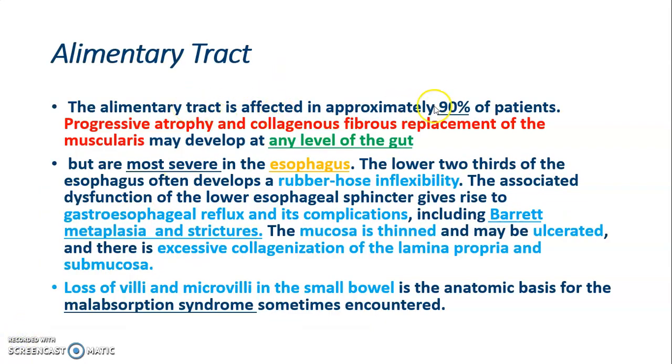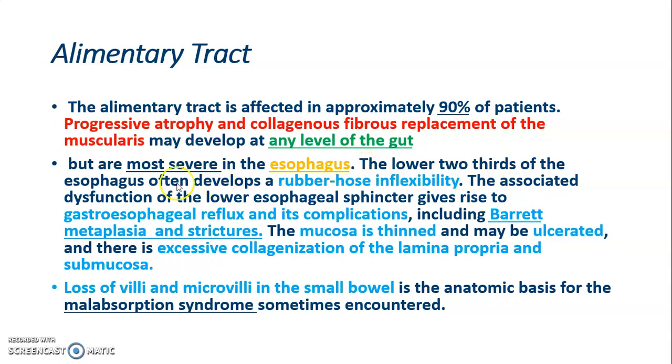The alimentary tract is affected in 90% of the patients. There is progressive atrophy and collagenous fibrous replacement of the muscularis, so muscle is replaced by collagenous fibrous tissue. It may occur at any level of the gut, but the most commonly and severely affected is the esophagus.